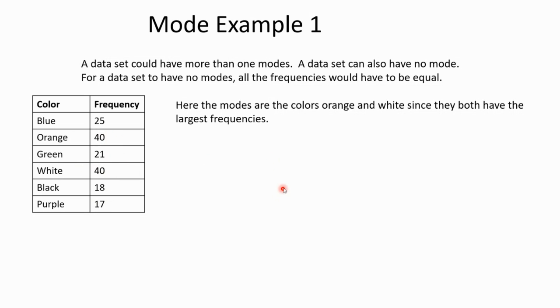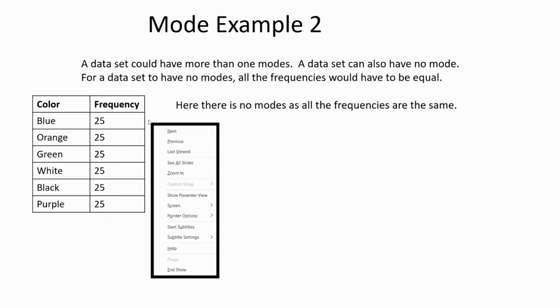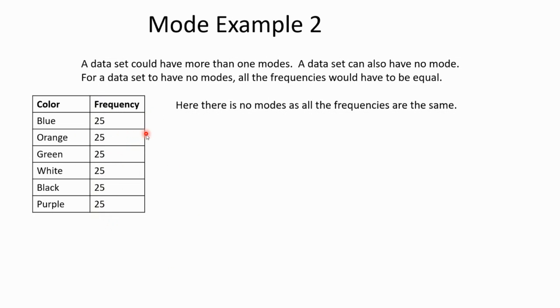Notice here, all the data values appear the same number of times. Thus, there is no mode here, because there is no data value that appears most often.